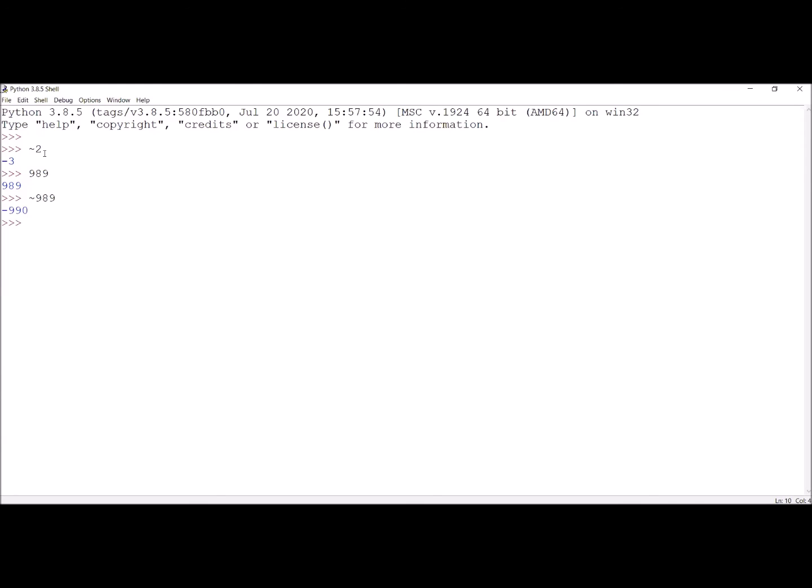Now you can observe this is minus 990. So the complement of 989 is exactly the same as the twos complement of 990. If I give another number, 1000, the bitwise logical complement of 1000 is the same as the twos complement of 1001, that is -1001. This is how we perform the bitwise logical complement.